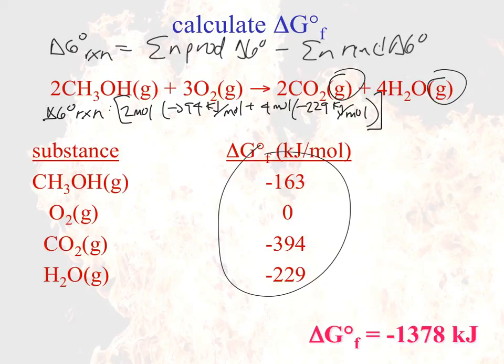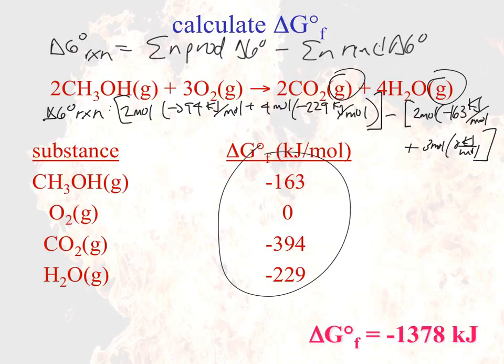Okay, so now that we've plugged in our product values, let's plug in our reactant values. We have 2 moles of methanol, so negative 163 kilojoules per mole, plus, in this case, 3 moles times 0 kilojoules per mole.